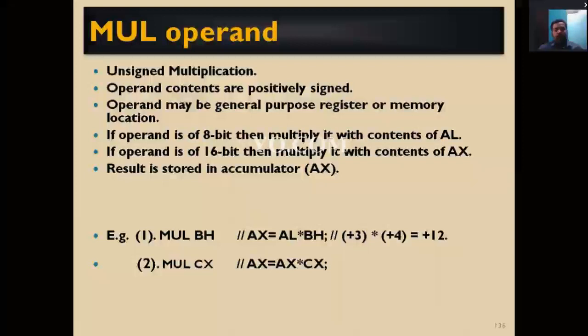So AX can occupy 16 bits, and the remaining higher 16 bits are stored in the DX register. This is a multiplication operation. MUL BH means AX equals AL times BH. For example, 3 times 4 equals 12, which is stored in the AX register.